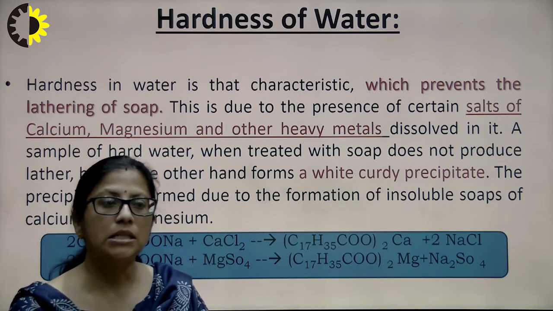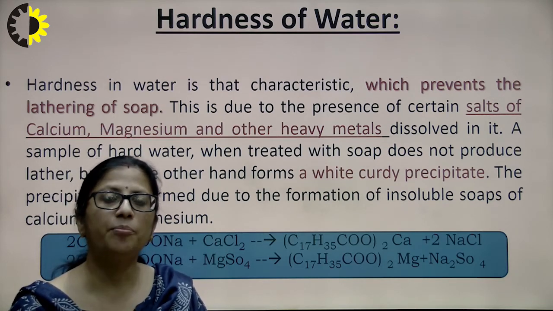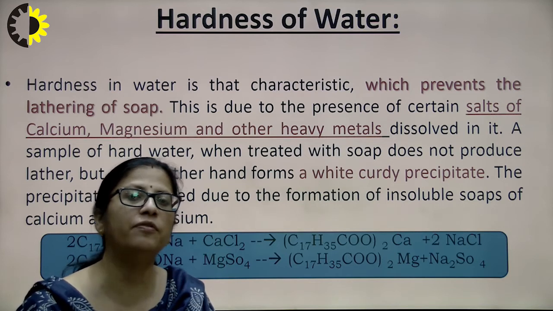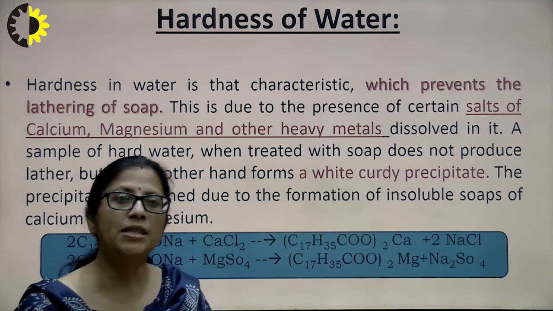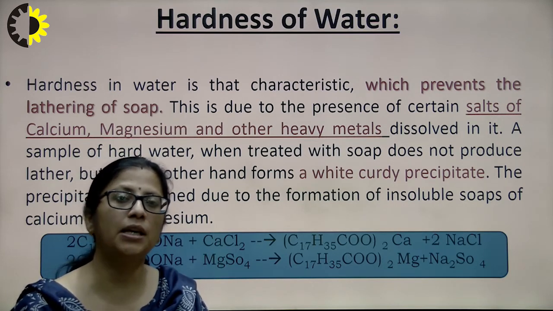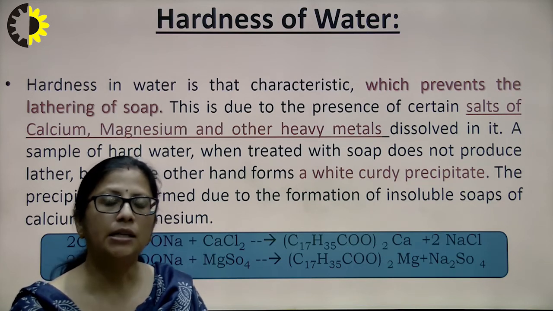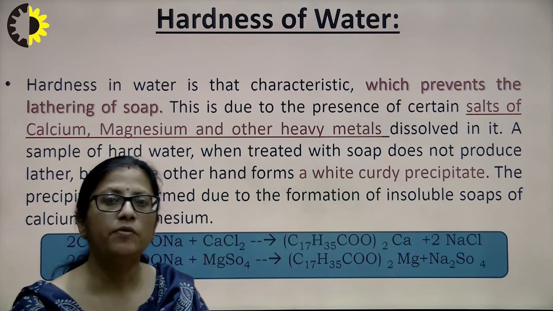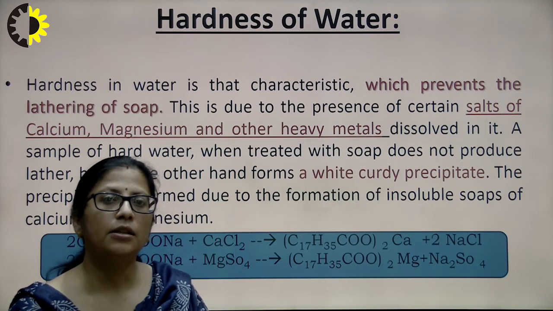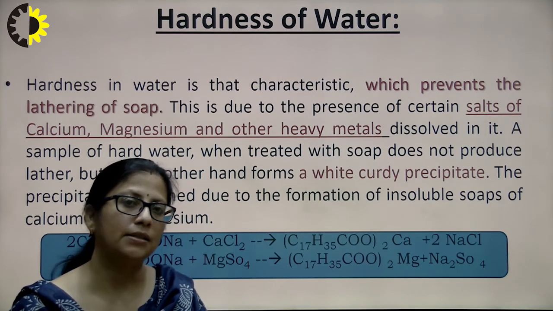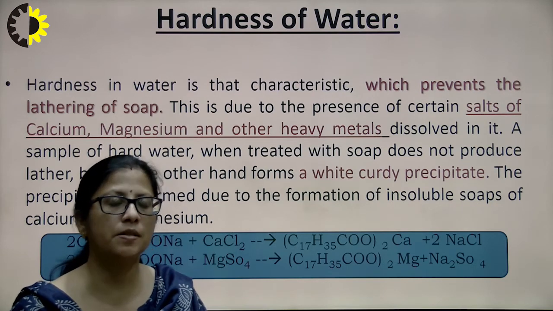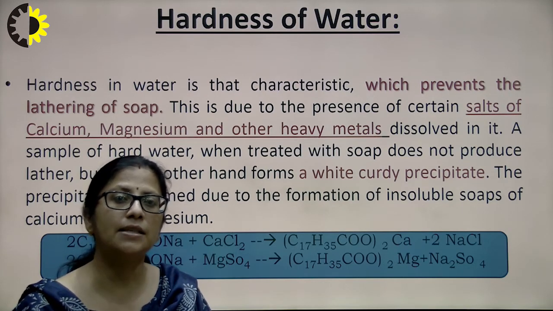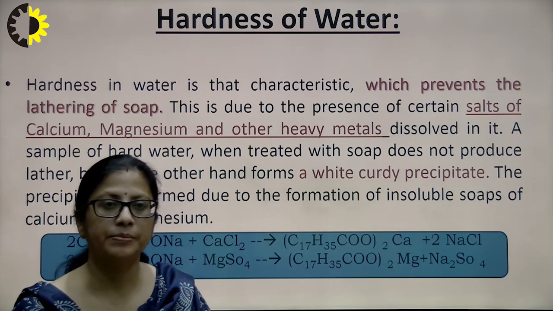But instead of lather, if a precipitate, a scum, is formed, it shows that the water we are using is hard water and contains certain salts which are not letting the soap form lather. Therefore, for cleaning purposes, we require an excessive amount of soap.